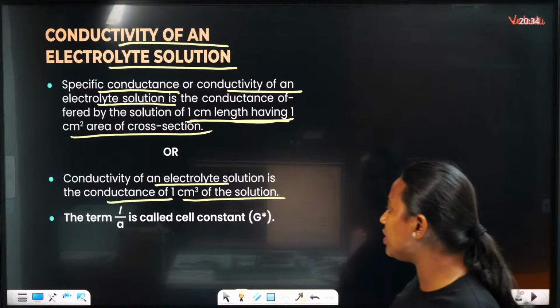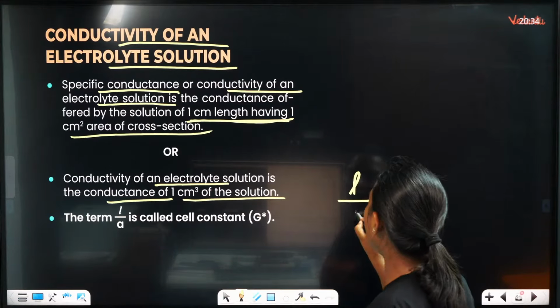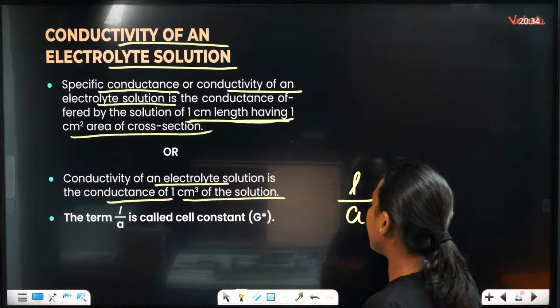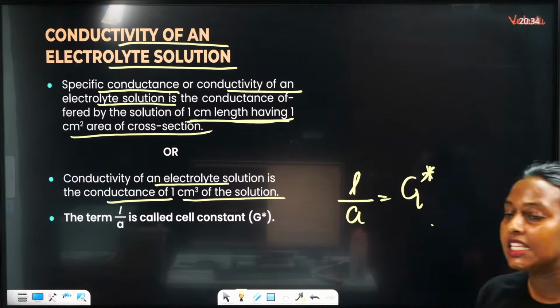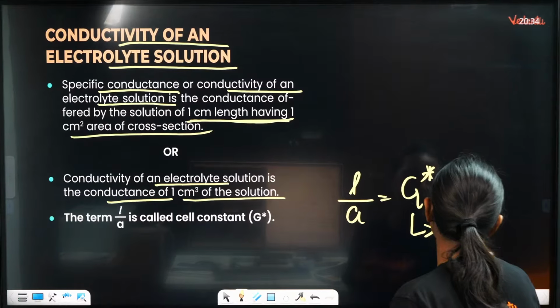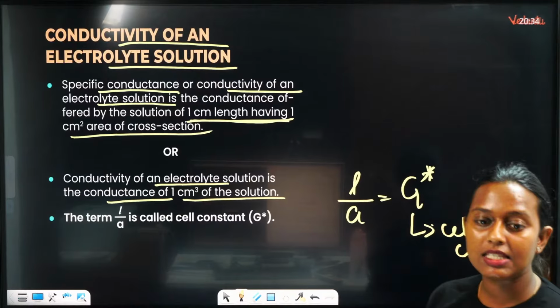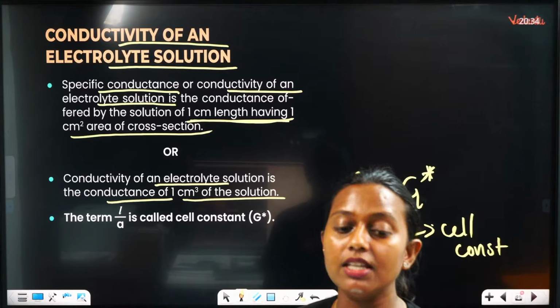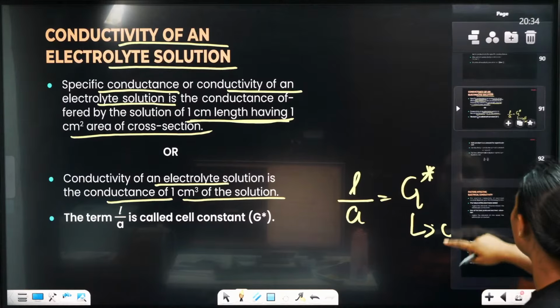In terms of that, we can write it as L by A. What is L by A? L by A is G star, which is actually the cell constant. So L by A is the cell constant. Is it clear, guys?